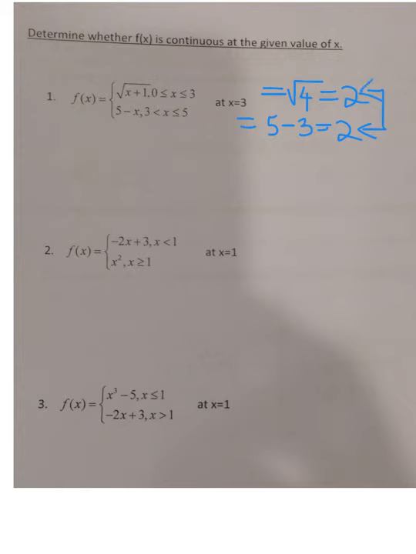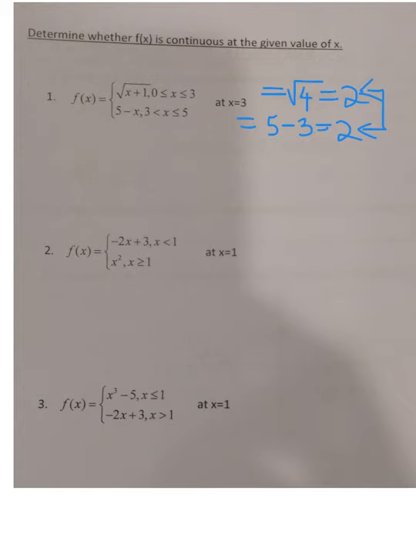So if you look back on page 19, the first thing that we need to prove about continuity, or deciding whether something is continuous, is to prove the limit from the left equals the limit from the right. So that's what we just did here. Now the second thing is to determine if there's an f of c, in this case an f of 3.